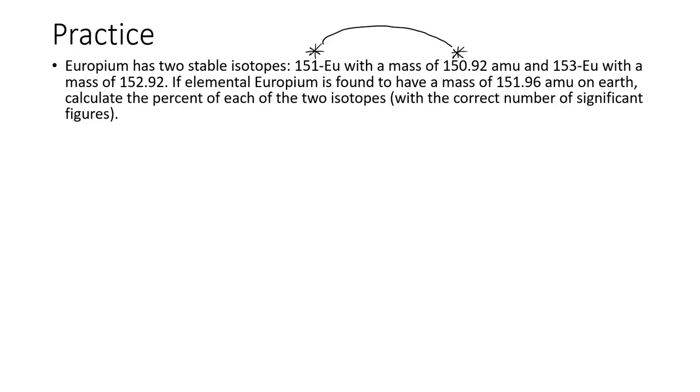We have europium 153, which has a mass of 152.92. And this one is the atomic mass, the weighted average of europium. Now, what is the percentage of each of the two isotopes?